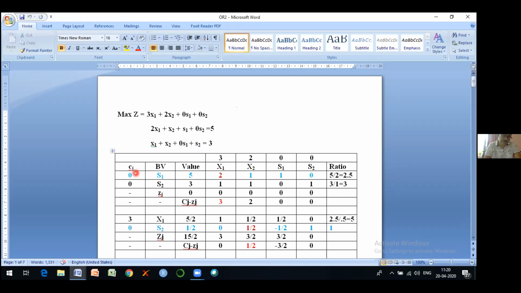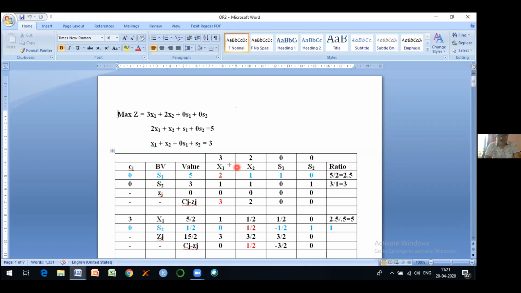So first we have written Cj, basic variable, value of basic variable, then we'll consider the original variables. The original variables are x1 and x2, therefore we have written x1 and x2. After that, we will consider all the slack variables. We have considered two slack variables, S1 and S2, so we have written S1 and S2. Then we'll write ratio, right?